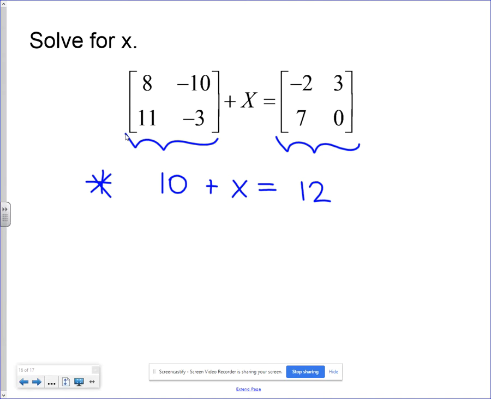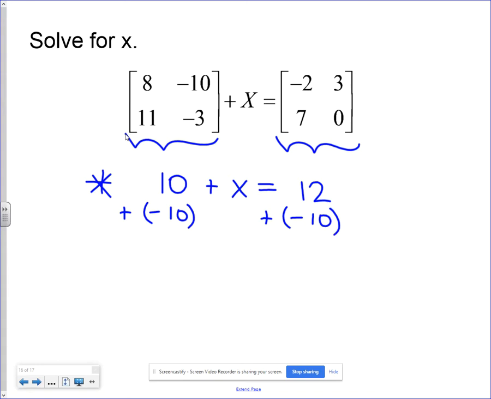To solve the equation in blue, you would normally subtract 10 from both sides, right? Well, with matrices, we try to avoid subtraction and division. We just use multiplication and addition. So instead of subtracting 10, we can add negative 10 to both sides. We're adding its opposite.